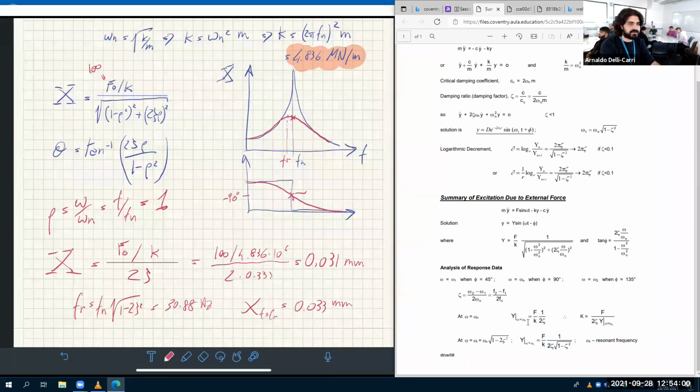And look, at omega n is F over K is F over 2K zeta, which is what I got here. See, I've applied the formula from scratch, but if you look at the formula sheet, it's already there. All right, you don't have to do anything. And this one, I can go here and substitute everything from scratch again, or I can just say, okay, it's just F over K divided by this other piece.